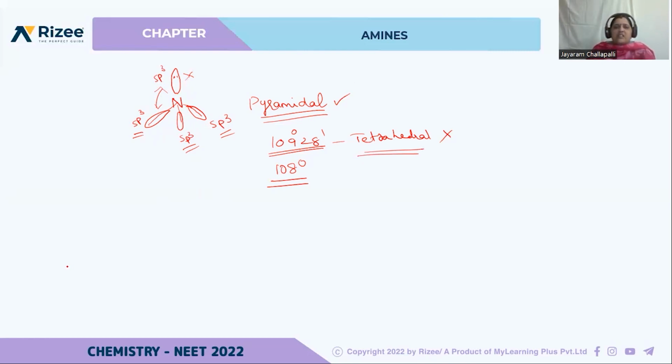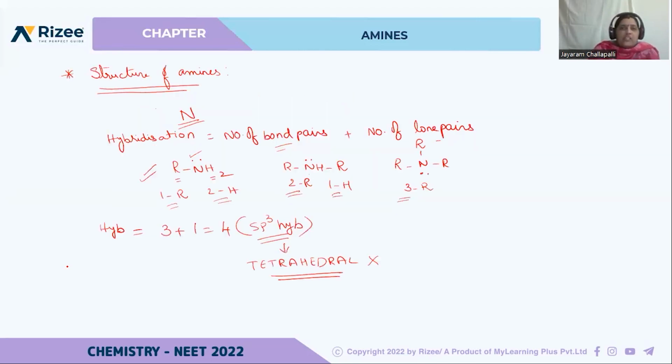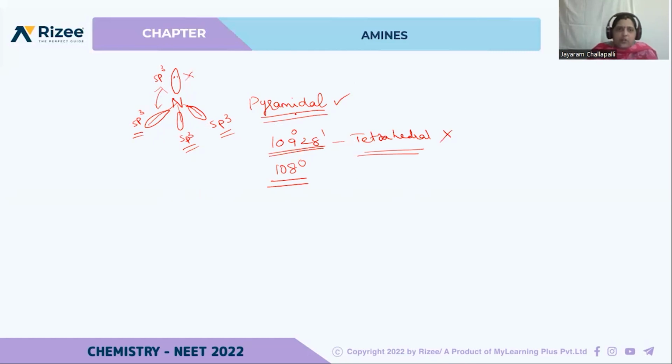Okay, this is the structure of amines. Even though it is sp3 hybridized, it is not going to form a tetrahedral structure. It is going to form a pyramidal structure, because while considering the structure or symmetry, we are not going to consider the lone pair.